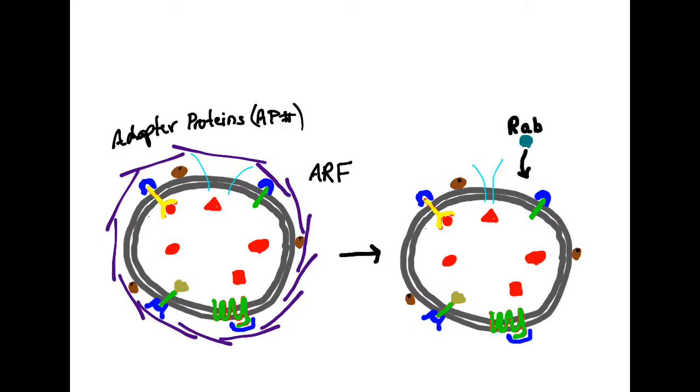And RAB is a term that specifies a very large family of small G proteins, G-switch proteins, that start out in this overall process on this reaction as cytoplasmic soluble entities.